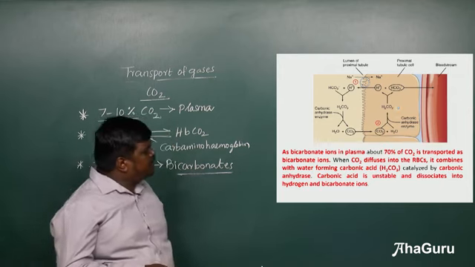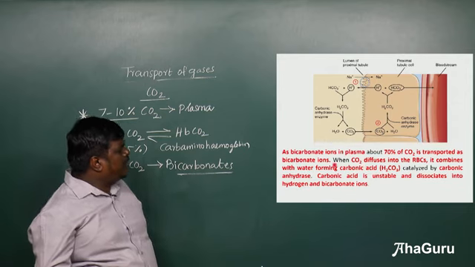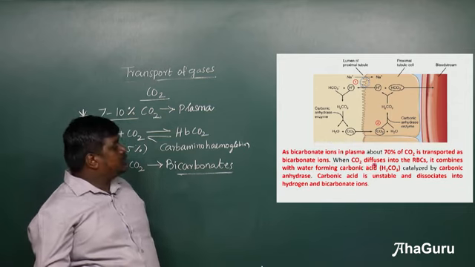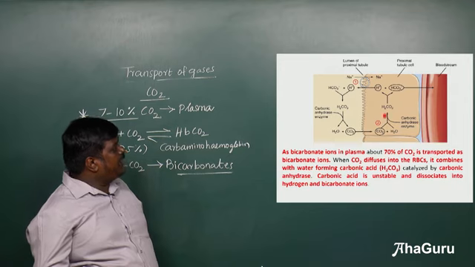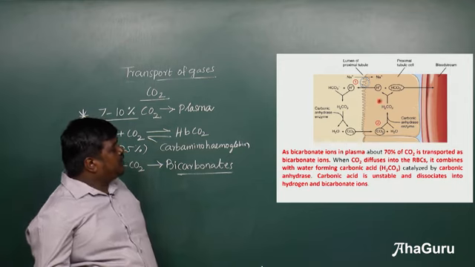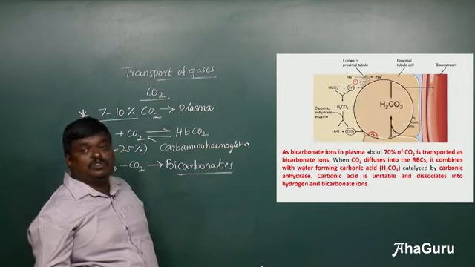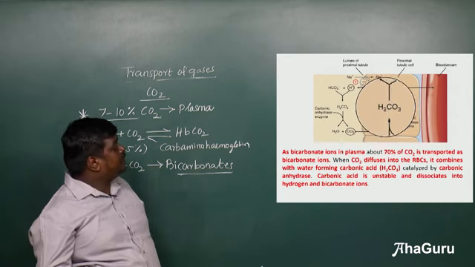You can see the 70 percent of CO2 is transported in the form of bicarbonate ions. The CO2 diffuses into the RBC. It combines with water. CO2 plus water becomes carbonic acid, H2CO3.